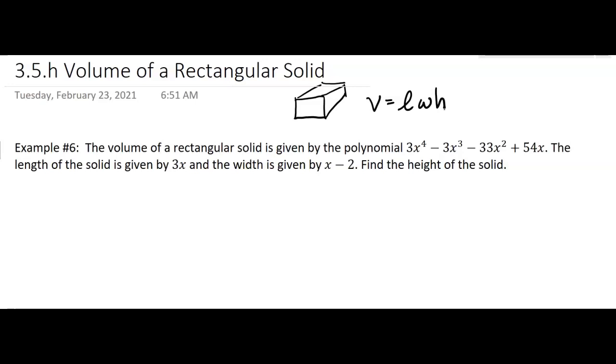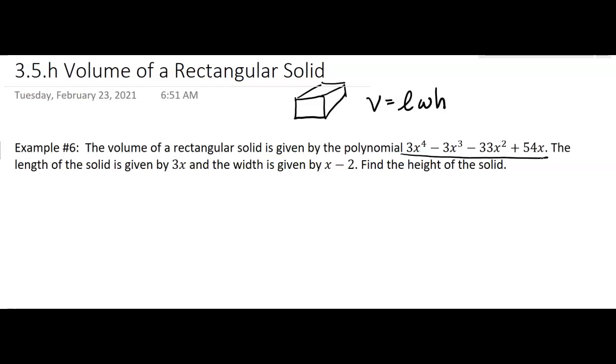Okay, so example 6. The volume of a rectangular solid is given by the polynomial, and they give us the polynomial. Now, you might say, well, that's odd that it has a 4th degree polynomial because you only have 3 dimensions. I don't know where that formula came from. I didn't come up with that. So this is what they give us.